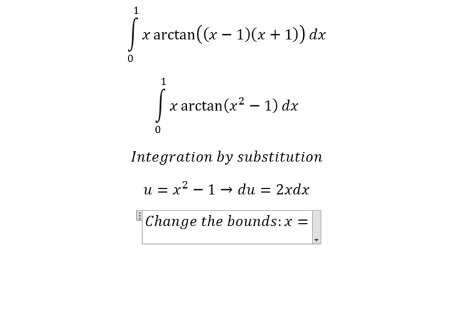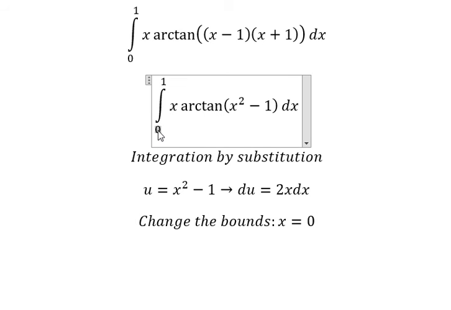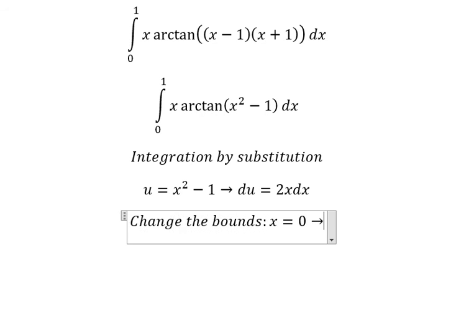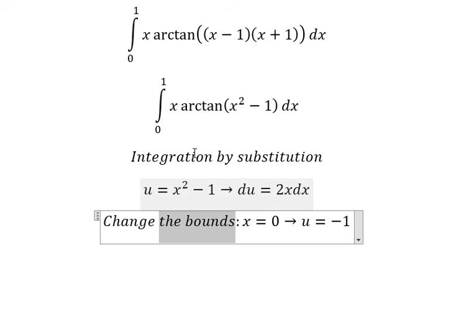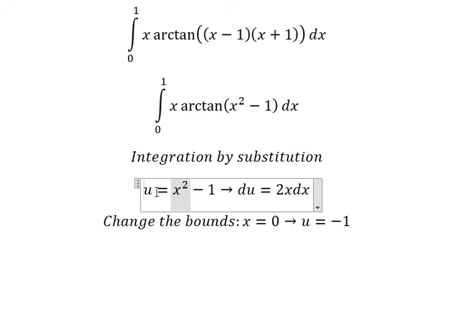When s equals 0, I will put number 0 here, and we have u equals 0 squared minus 1, so u equals negative 1. Because we need to change the bounds, we put this bound here and we can find the value of u.